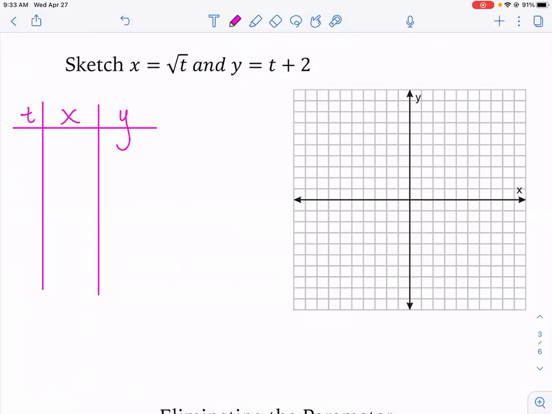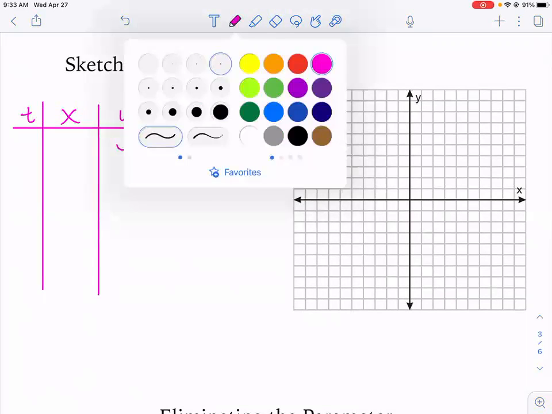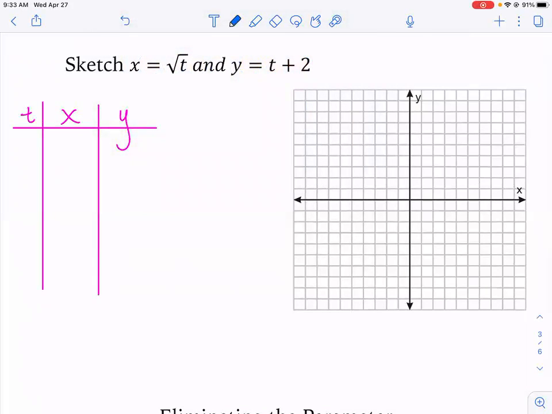All right. So does anybody have an idea about where we should start our T X Y chart? Why? Okay. Are there numbers I can plug in? I can plug in 1. What else can I plug in? How about this?